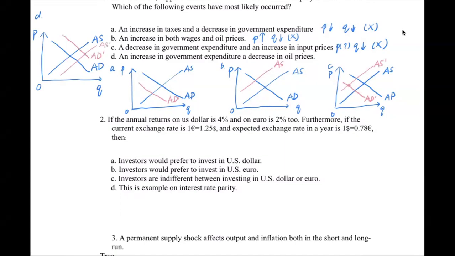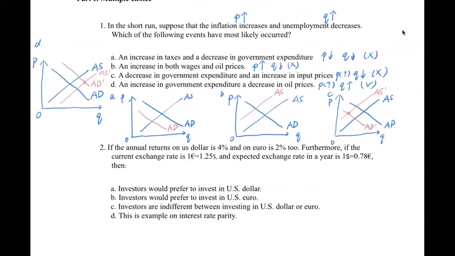In this case, we also don't know the price direction, but we know that quantity will increase. So D is the most likely case for price increases and quantity increases. Okay, so D is the correct answer.